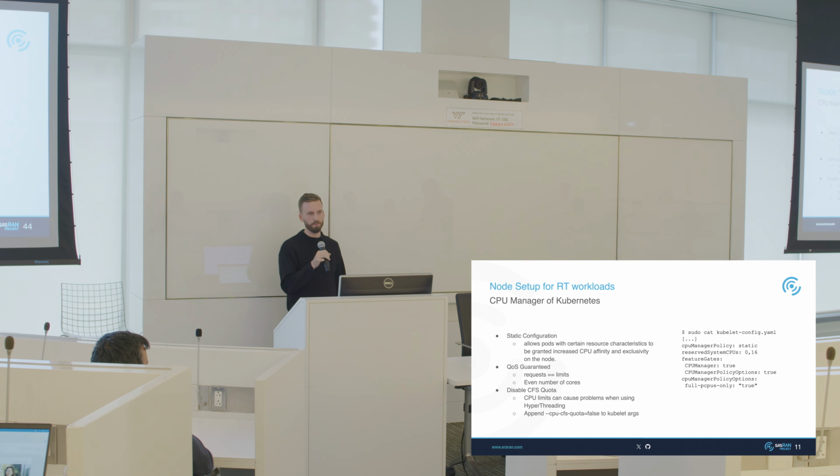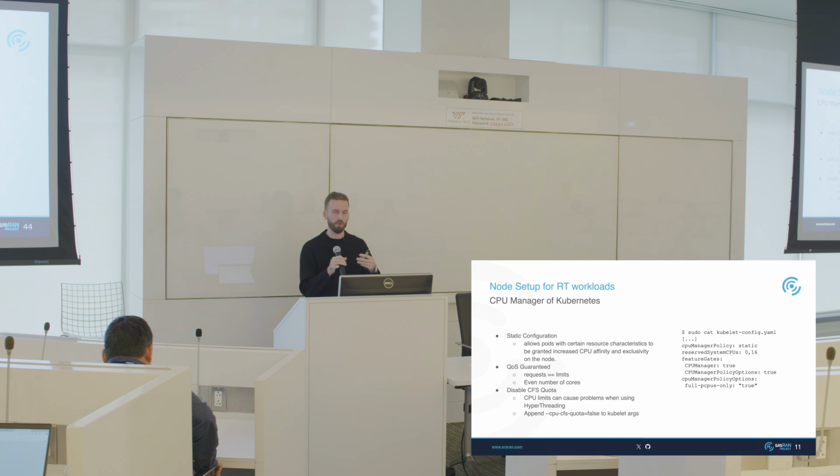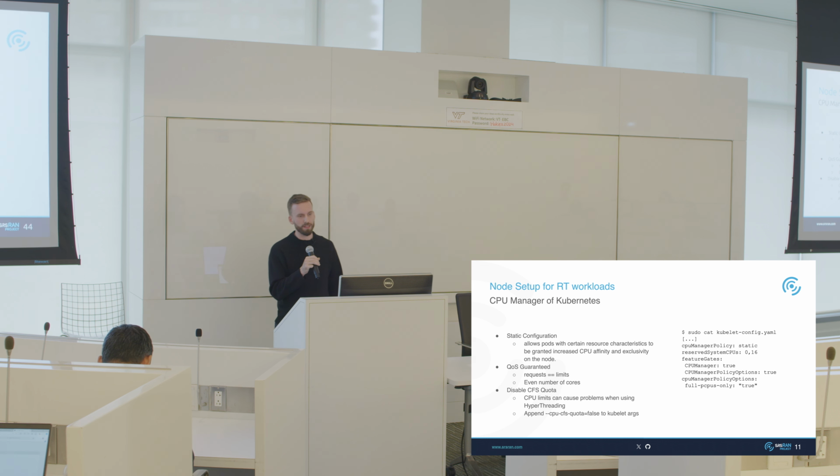And then, because we have hyperthreading activated, we want Kubernetes to always choose pairs as we did before. So we don't want to deploy workloads on cores that do not belong together in terms of hyperthreading. This is done by the full pCPUs only parameter here in this config snippet.